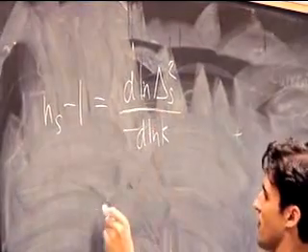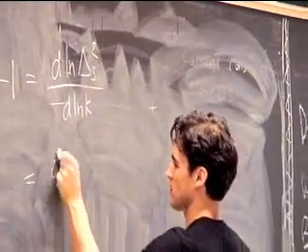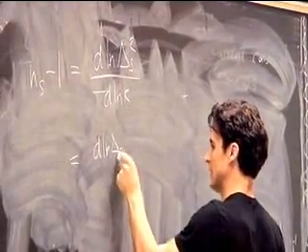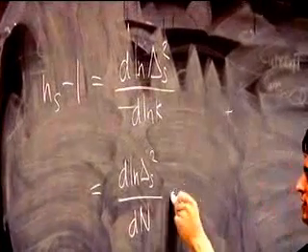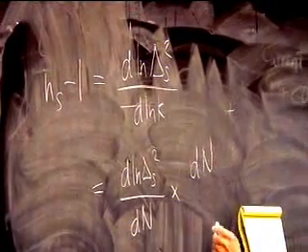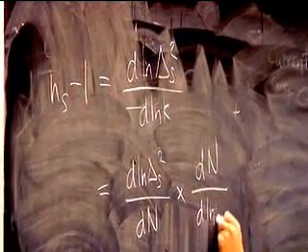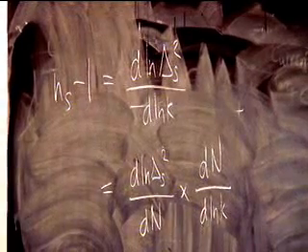And so this derivative I can split up into two factors: the derivative with respect to the number of e-folds times the derivative of e-folds with respect to ln k.